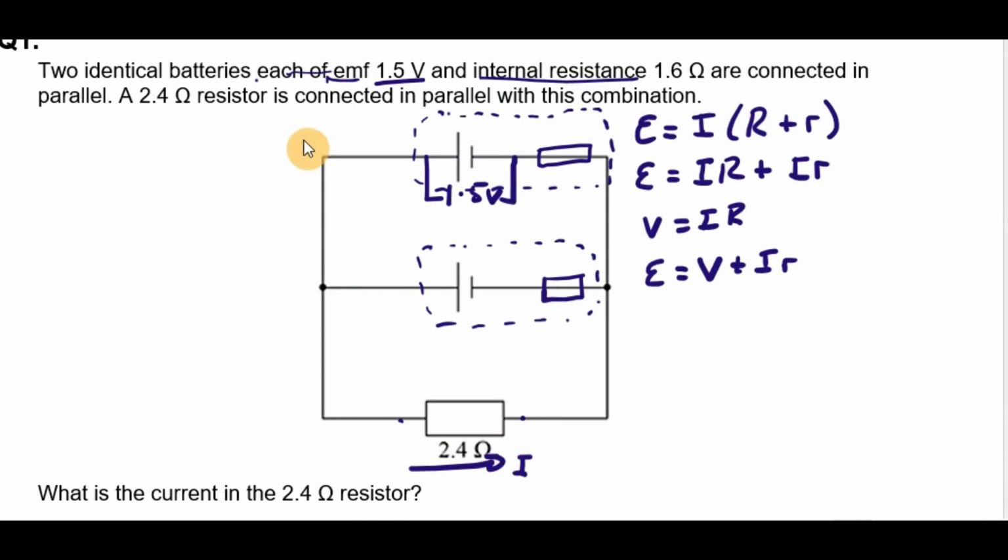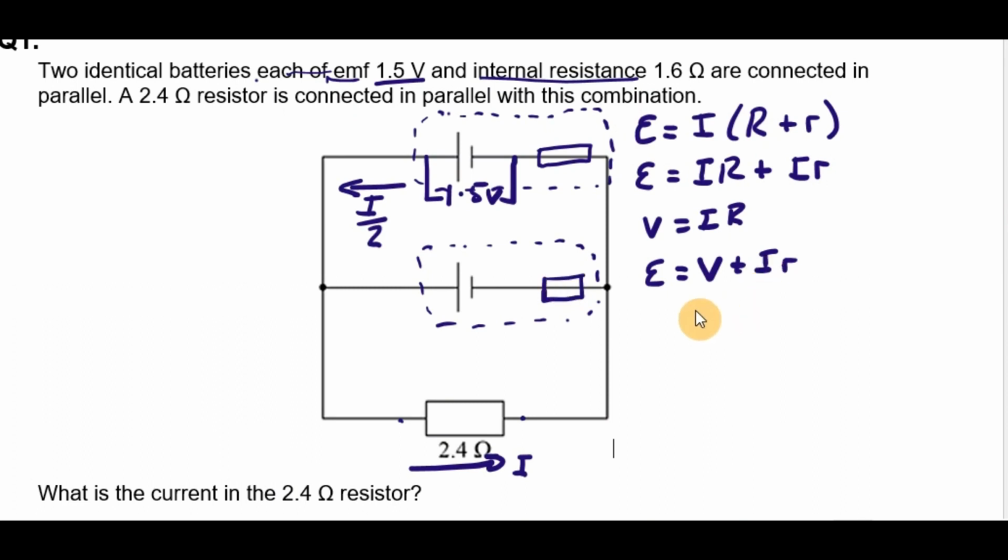So I can say through this branch, the current is I over 2. And obviously, whatever is true for this top branch is the same for the middle branch here, because the cells are identical EMF, identical internal resistances.